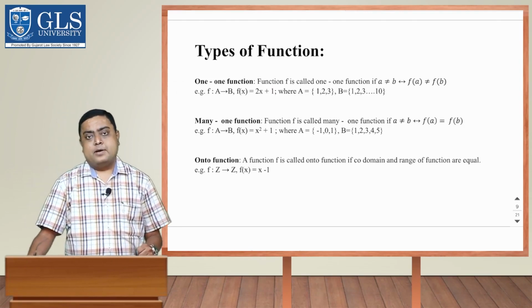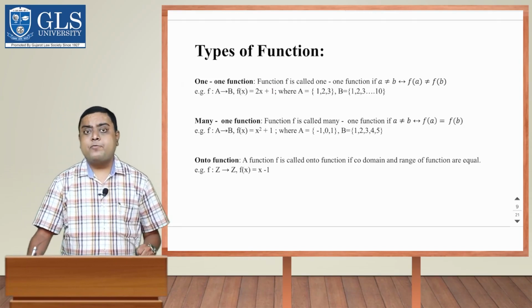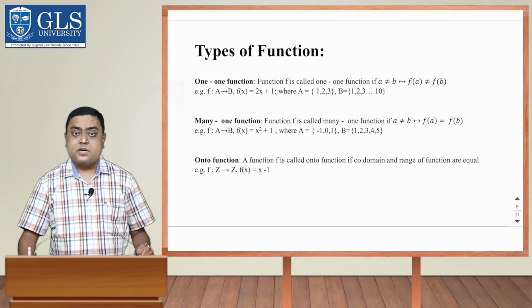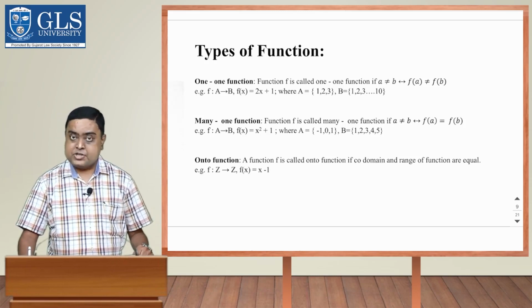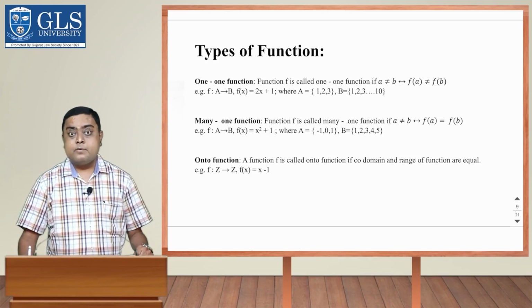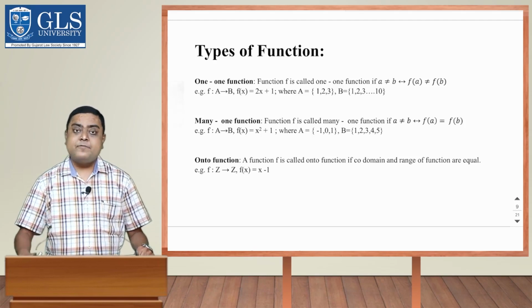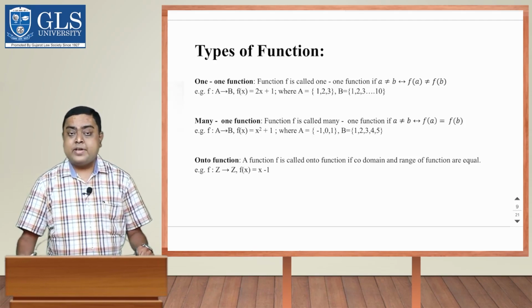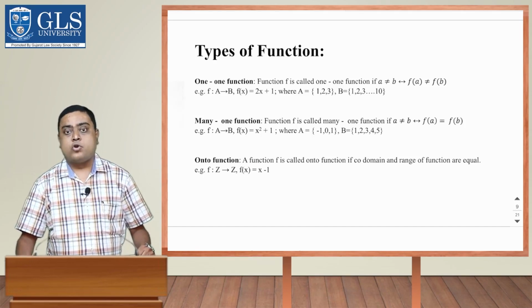Friends, in the last session I said that the range of the function is a subset of codomain. But sometimes we find that range and codomain are equal. And when we find codomain and range are equal, then we say the given function is onto function.